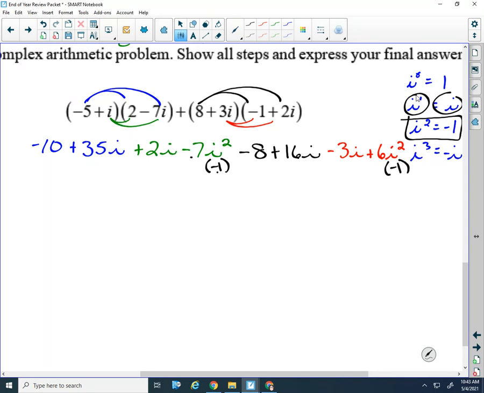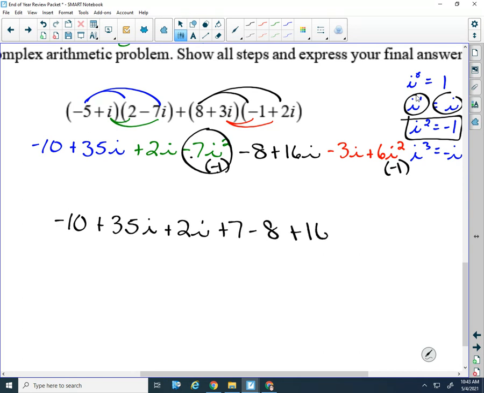And the same thing here. So now what I'm going to do is rearrange this. Actually, I'll just rewrite it out and then rearrange and combine like terms. 2i. Negative 7 times negative 1 becomes positive 7 minus 8 plus 16i minus 3i, and this becomes minus 6.